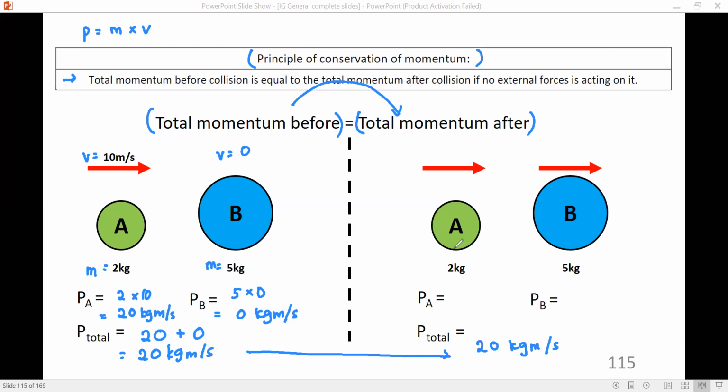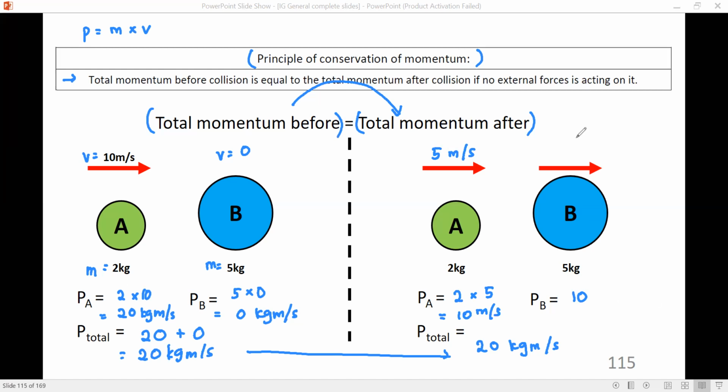Let's say because A has hit ball B, it is now moving slower compared to its initial speed. Let's say it is now 5 meter per second. Calculate the momentum of ball A: 2 times 5 we get 10. So the total is 20. So the momentum of B is 10. Why? Because 10 from A plus 10 from B is 20 kg meter per second.